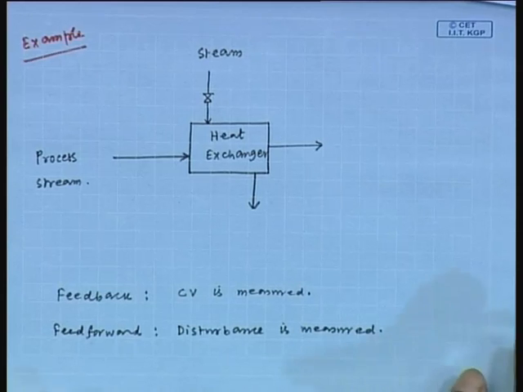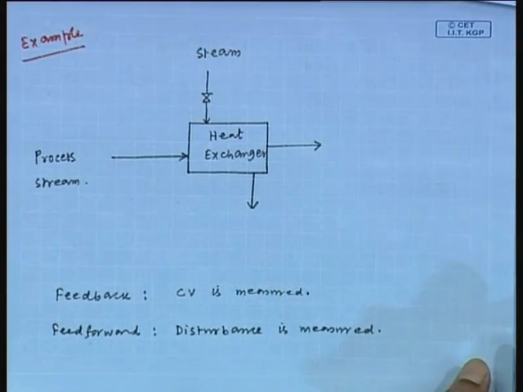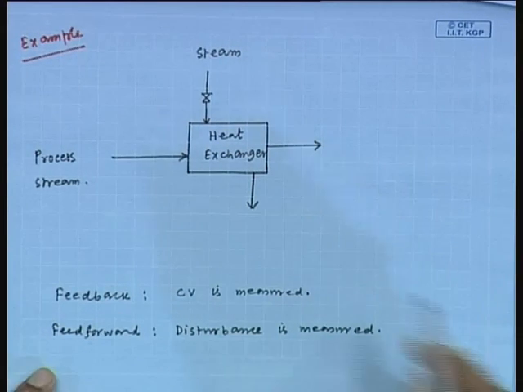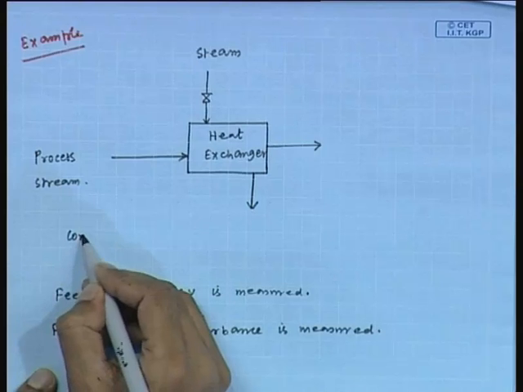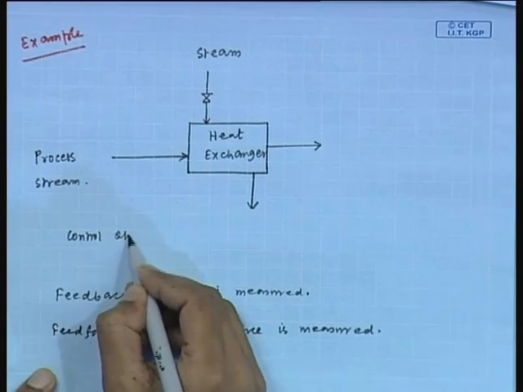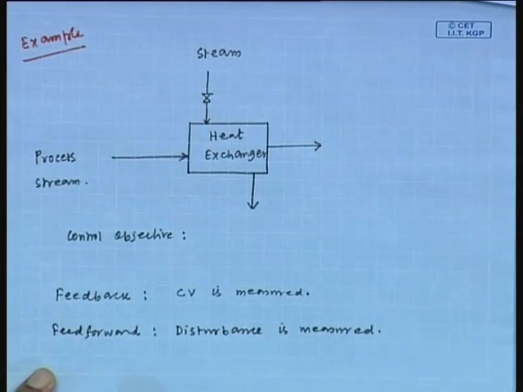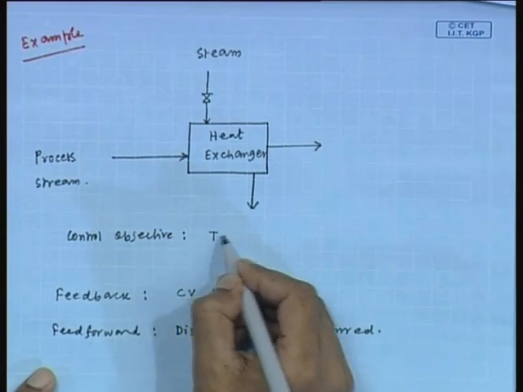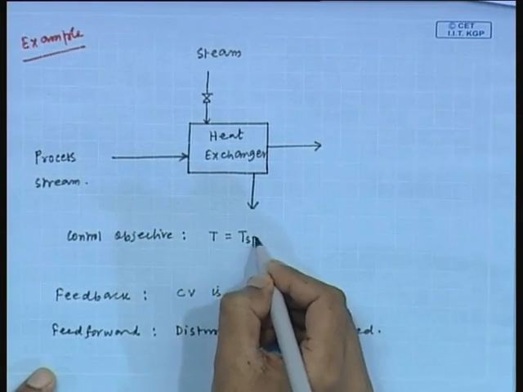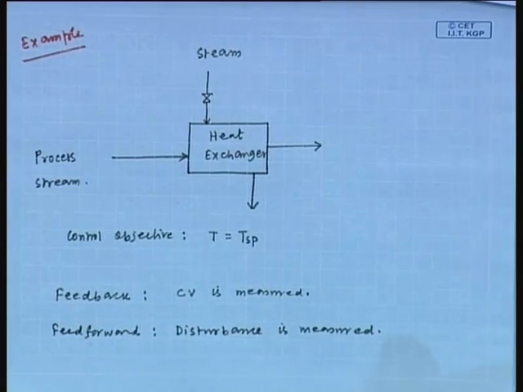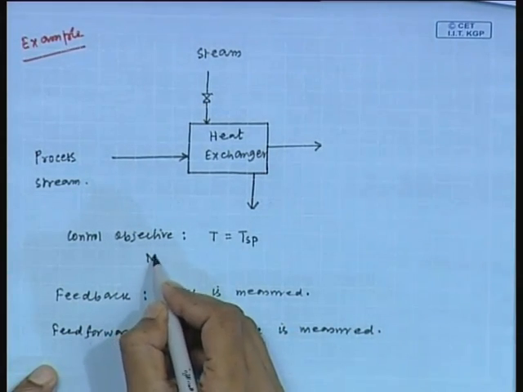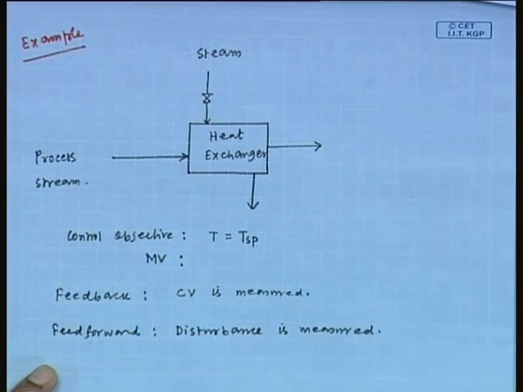Fine. Now, for this heat exchanger, our control objective is to maintain the temperature of the process stream at its set point. What is the manipulated variable?